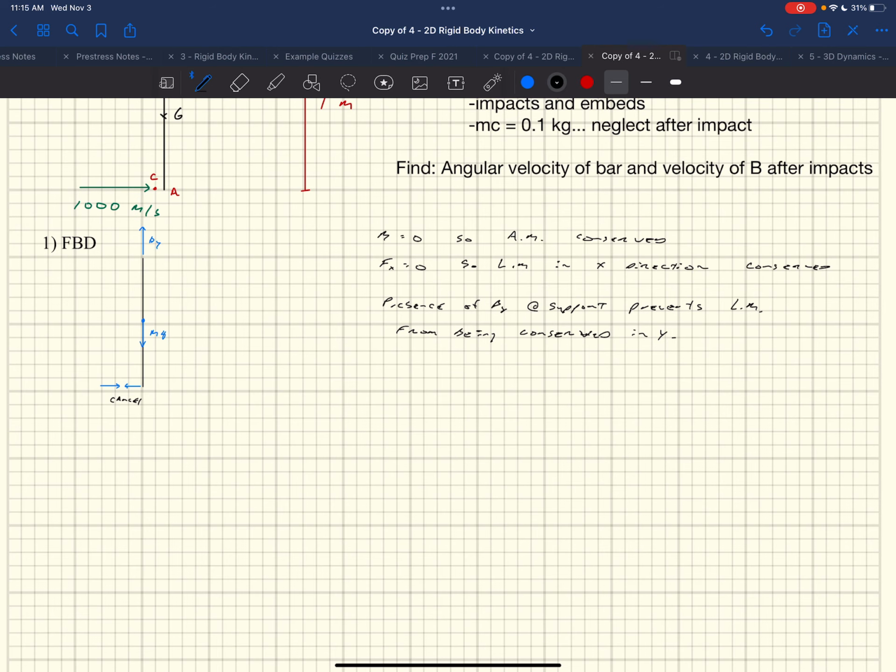If that By wasn't there, if this thing was just floating out and it came in at an angle, then linear momentum would be conserved in that direction.